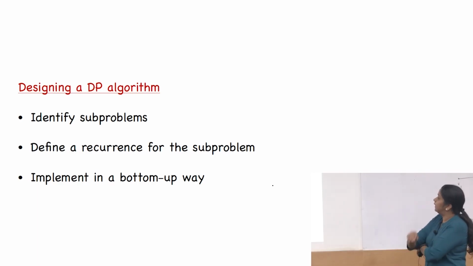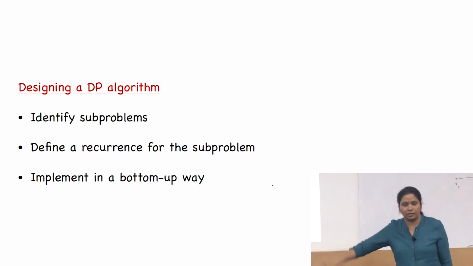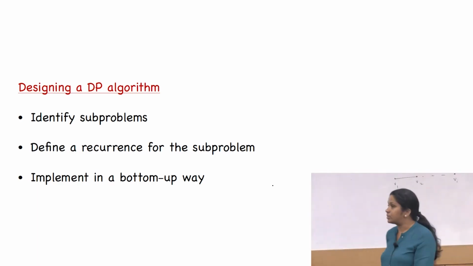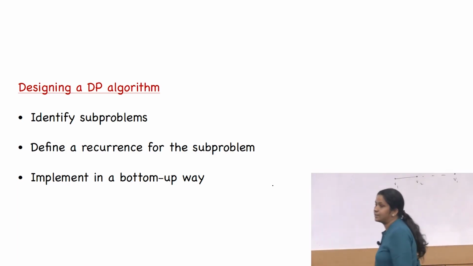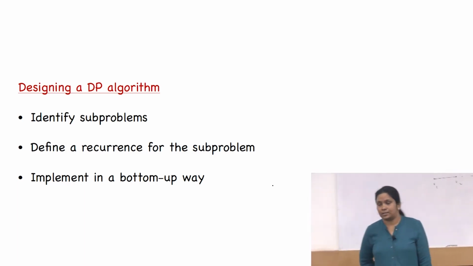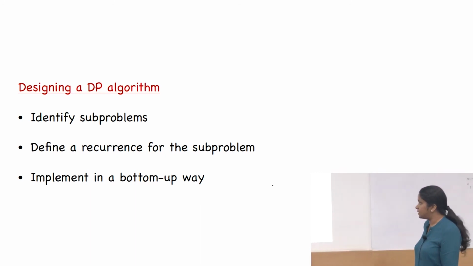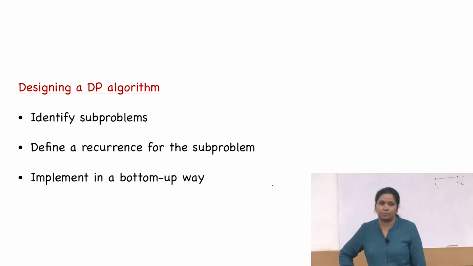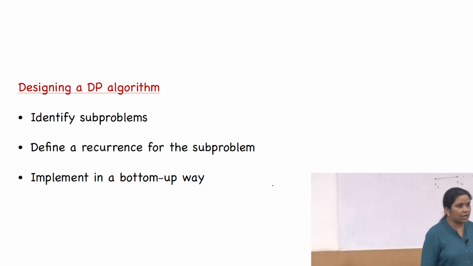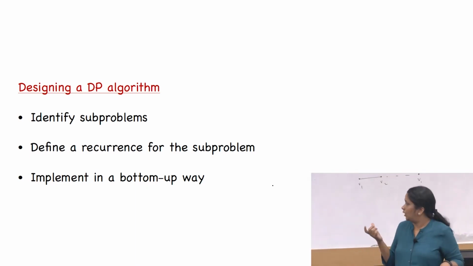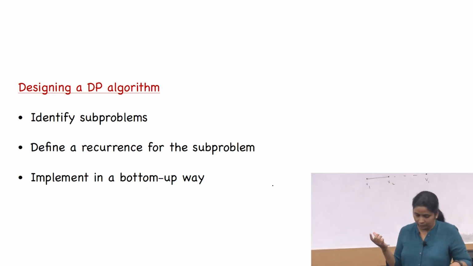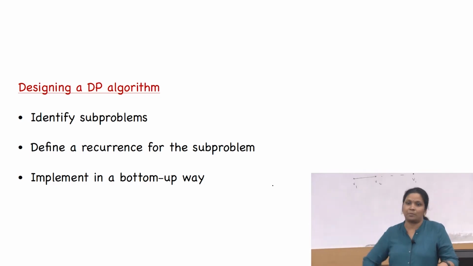So, by designing a DP algorithm, these are the general steps. You start by identifying a subproblem. Okay, and the second step is to define a recurrence for the subproblem. So in this case, what we say is make a choice or make a guess.